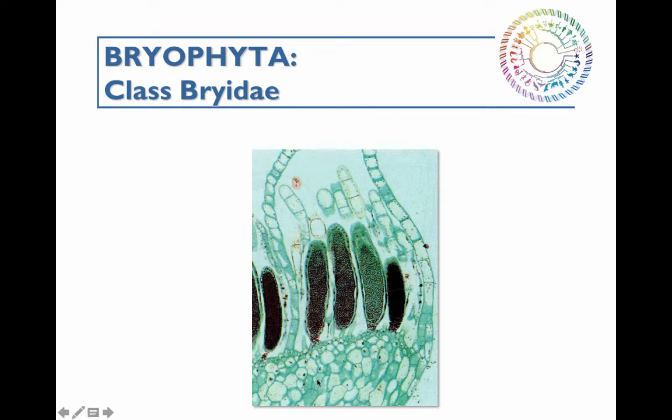The cells at the base here are the top of the stem, and we have these leaf-like organs coming off. There's one there and one there. But what's very obvious in this photograph are these very dark staining structures, and I hope that you've guessed that these are the antheridia.